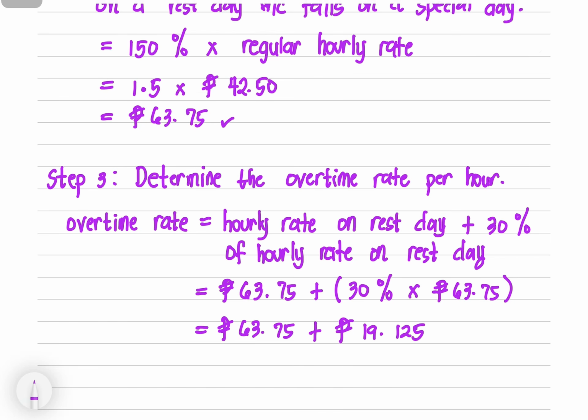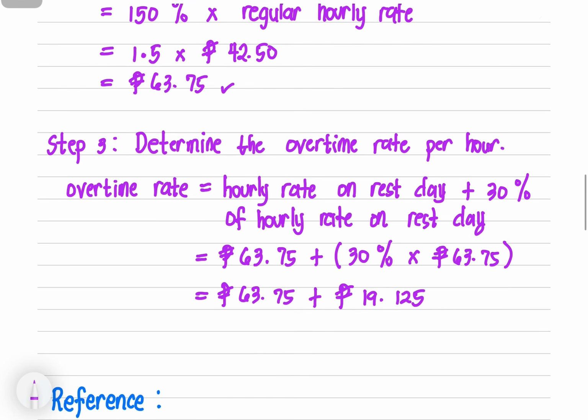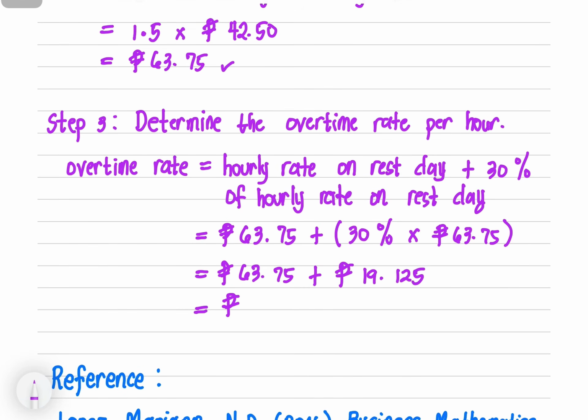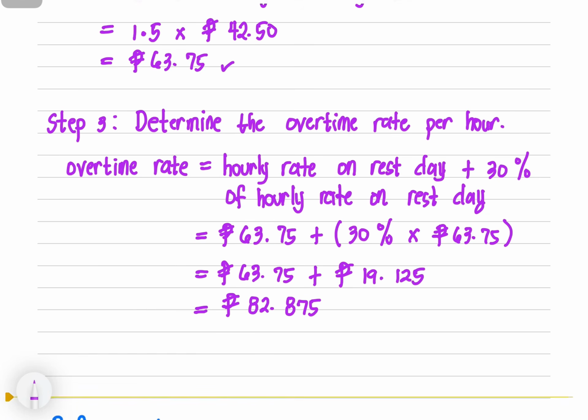Gets? And that's the time na ipag-add natin yung dalawang to. So, using our calculator, 63.75 added by 19.125, that is equal to 82.875. Gets? Okay.